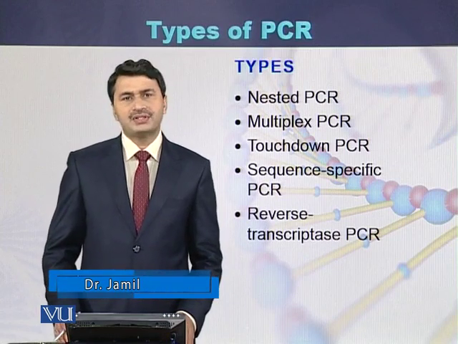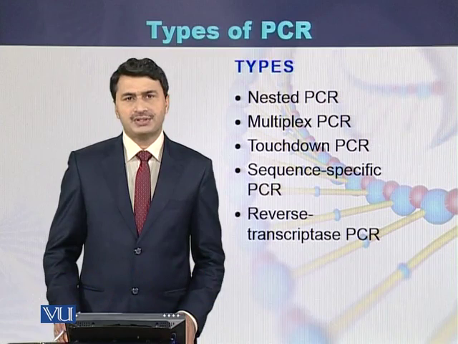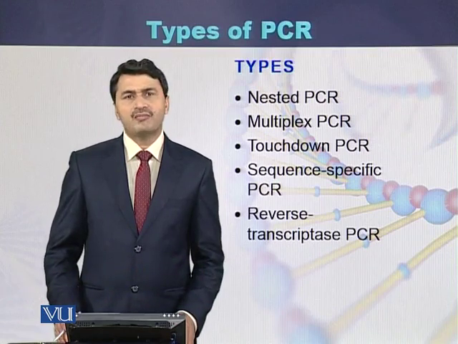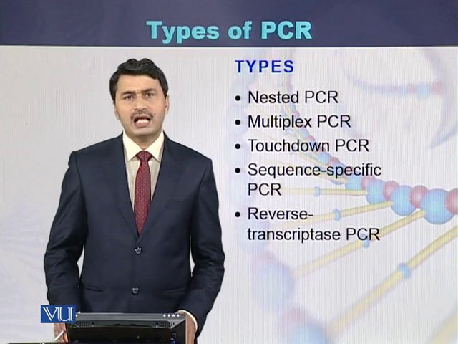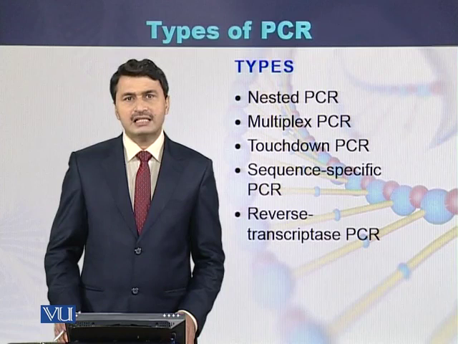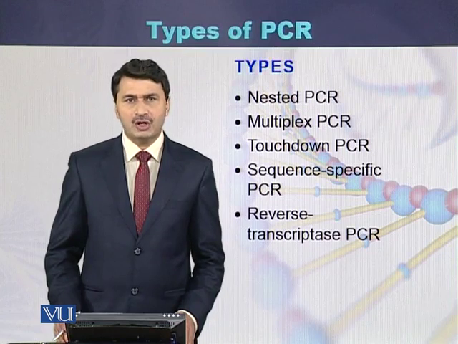The next type of PCR is called multiplex PCR. In case of multiplex PCR, several amplicons are amplified simultaneously within a single reaction. This means there are different primer pairs that bind to different regions on the DNA or on the genome, and they produce different amplicons.